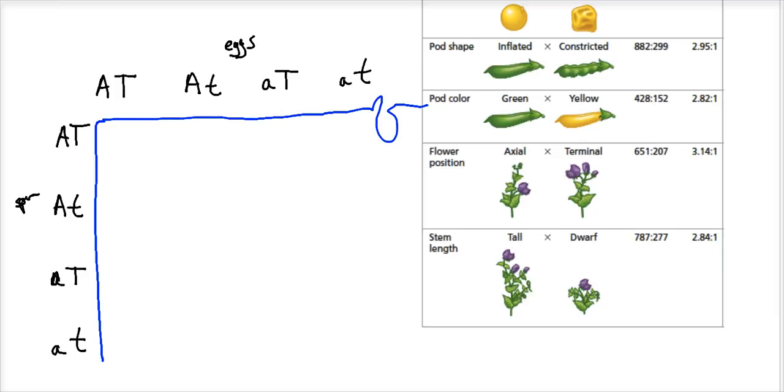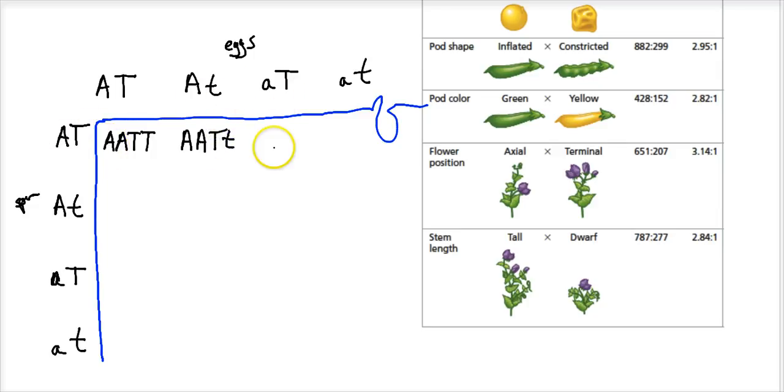And what am I going to get? I'm going to get 2 big A's, 2 T's here. If these 2 gametes from each of these eggs or sperm from the same dihybrid cross come together, they would make this genotype. Then I'd have big A, big A, big T, little t.